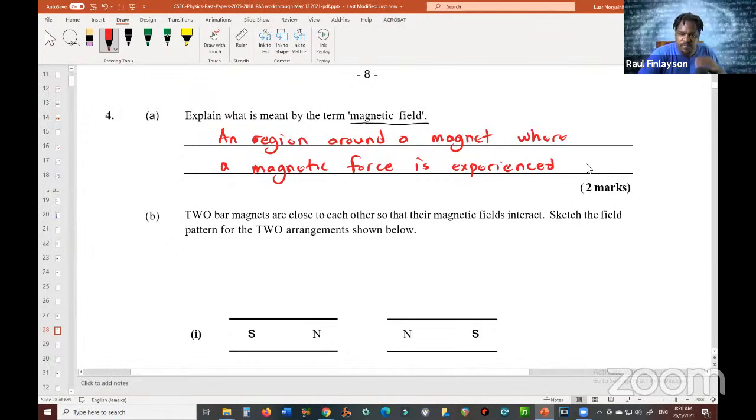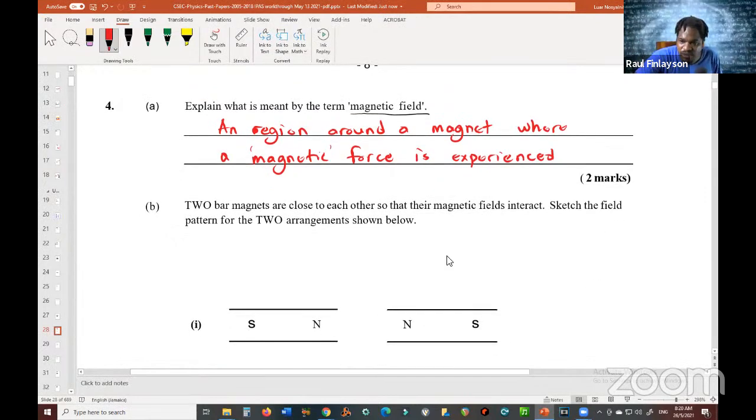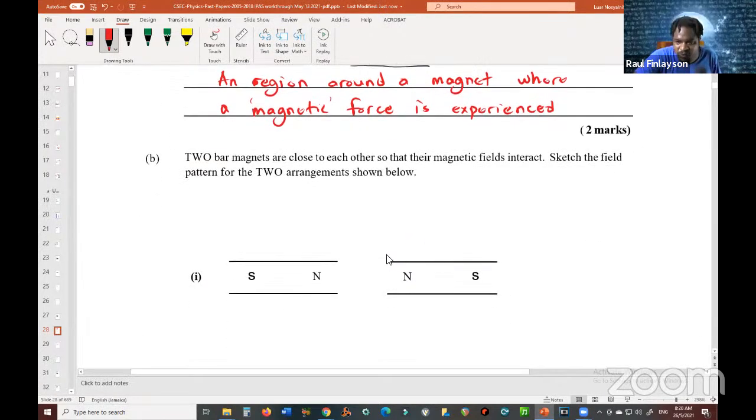And we're allowed to use the word magnetic in this because we are being specific as to which force we're talking about. So it's really a region around a magnet where a force is experienced. You'll still get the marks, but I specify that the magnetic force is what is experienced. That's the answer they will be looking for there.